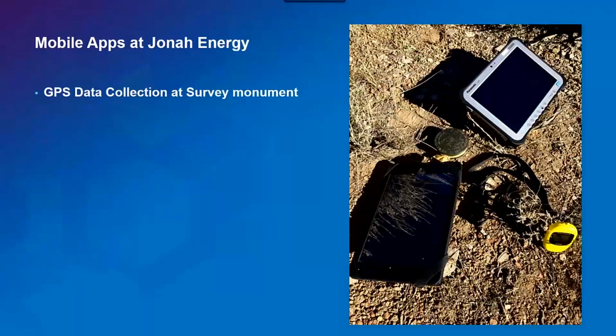So basically what I did was I set up my Collector projects in the office when I was still on the corporate intranet. And then I drove out to this survey monument in the Jonah field, and I stood back from it, and I activated the GPS receiver.